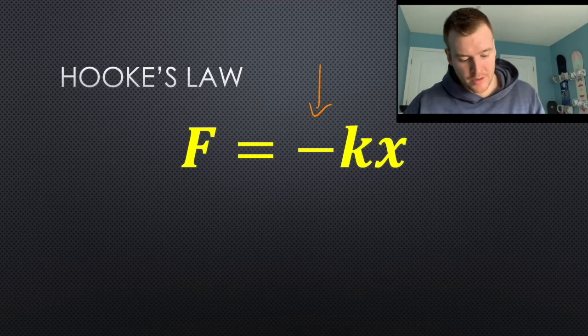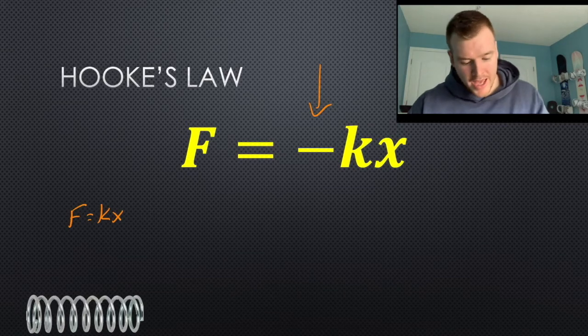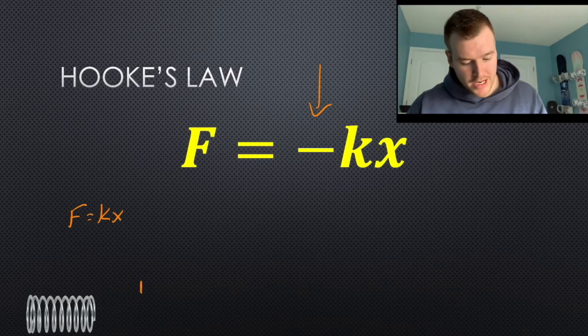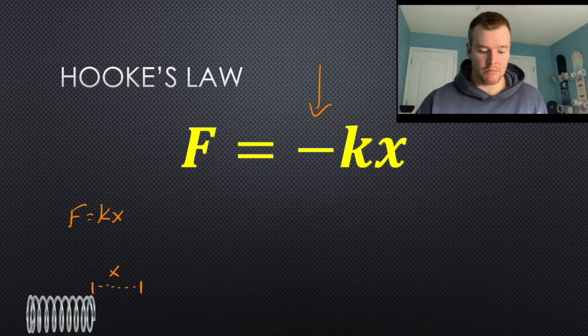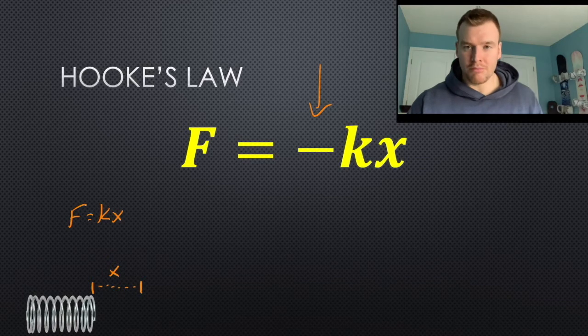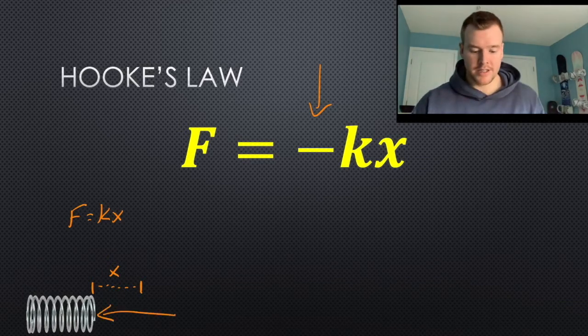So previously when we looked at F is equal to kx, we had a spring that begins here and we compress it to here. We said that x was the distance that it's going to be compressed. And to compress it that distance, you had to apply a force in this direction.